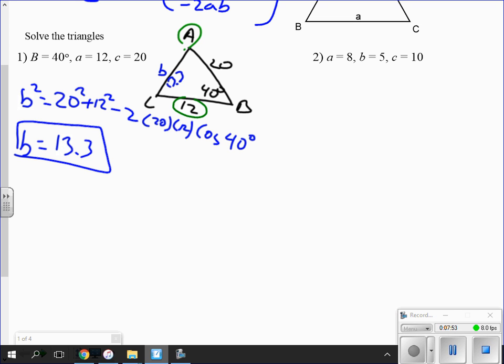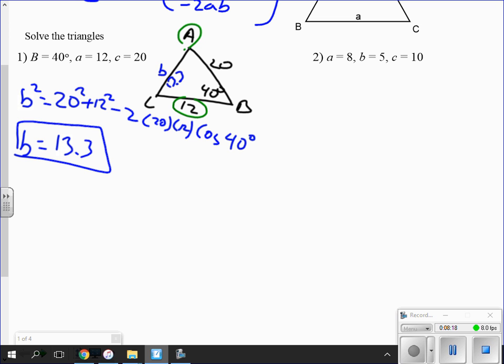Does that make sense? Use the law of sines to find the smaller angle because you know that smaller angle is going to be an acute angle. If you're going to have an obtuse angle, one more than 90, it's going to be opposite the larger side. If you pick the smaller of the two sides, you know you're going to have an acute angle no matter what. You know you're going to get the right angle measurement out of your law of sines. You won't be dealing with any of that ambiguous stuff.